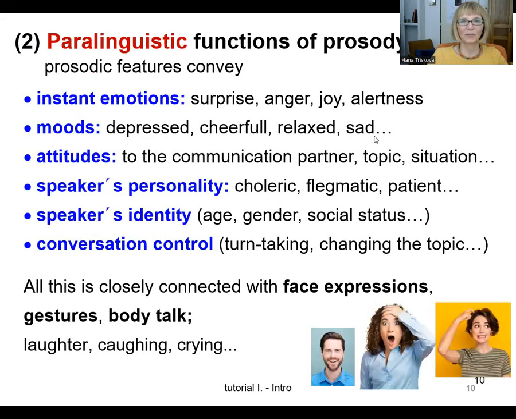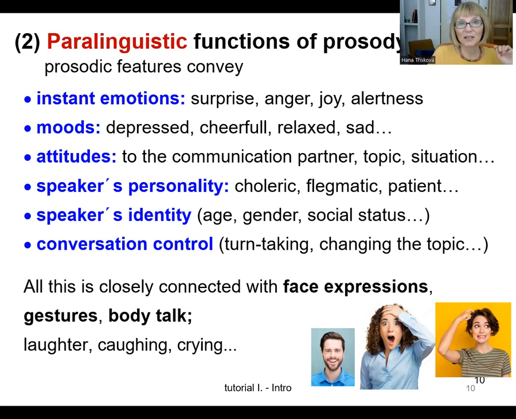Now, paralinguistic functions of prosody. Prosodic features also can convey instant emotions of the speaker, such as surprise or anger or joy, his or her moods. We can tell whether the speaker is depressed or cheerful or relaxed or sad.